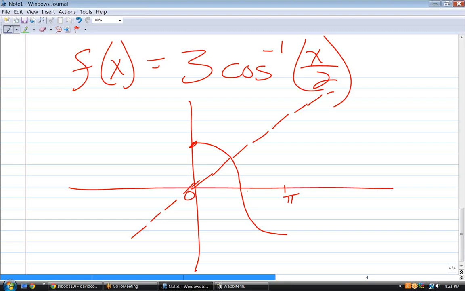Inverse cosine. It's got to go from 1 to 1. And it goes from 0 to pi on the y-axis. Let's see, this point right here reflects to right there. And this point is the same. And these points down here reflect to way up there.